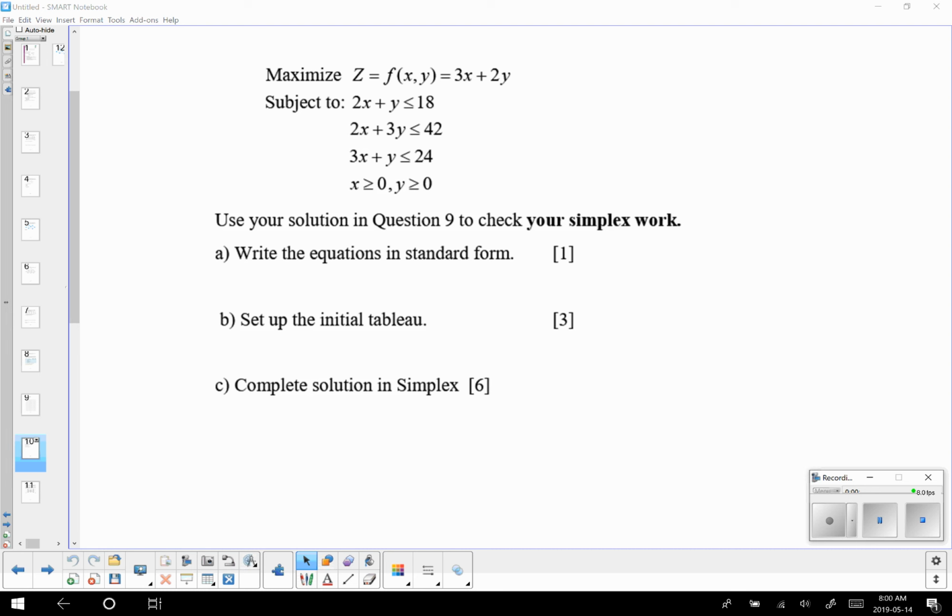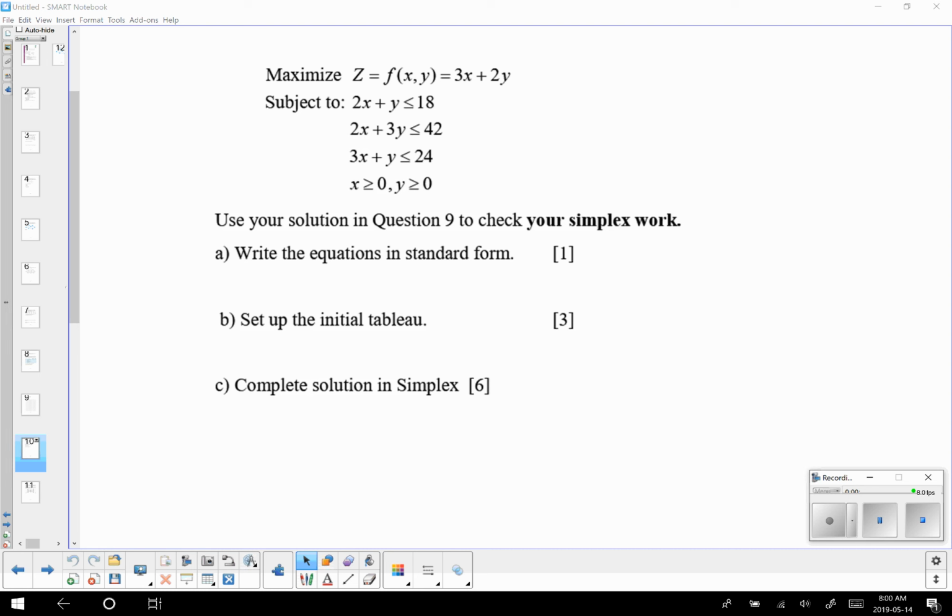In other words, removing the brain that says, for instance, in equation 1 and 2, if I subtract, I will eliminate the x, or in equation 1 and 3, if I subtract, I'll eliminate the y. So the computer has no ability to do that.